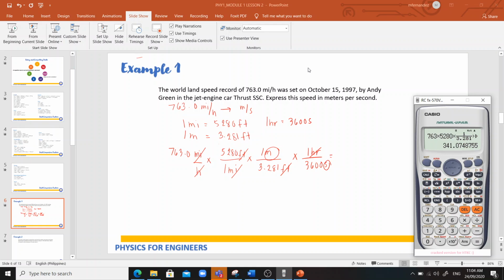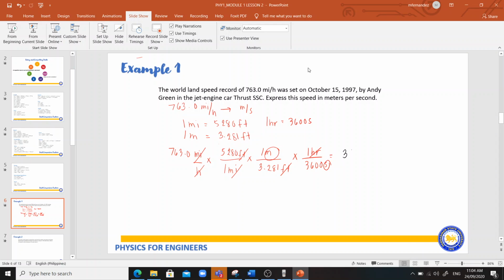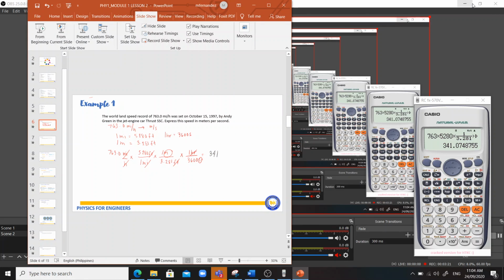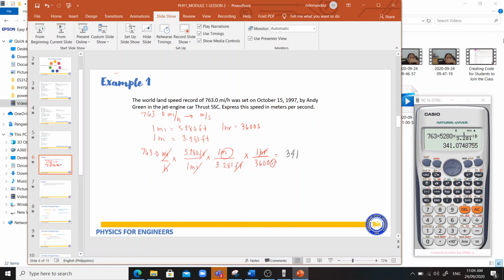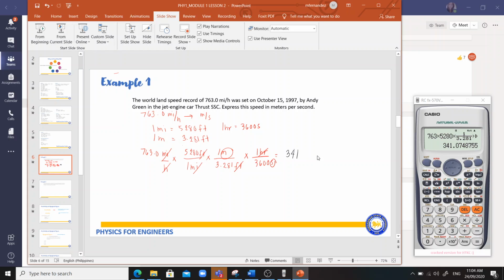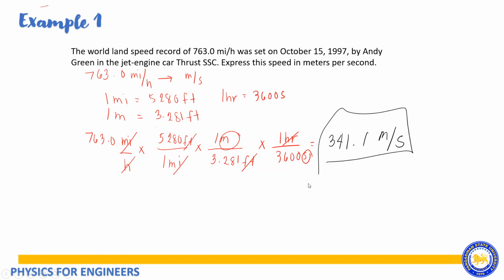Okay, so our answer is 341.1 meters per second. Okay, so that is our final answer. So let's proceed to the next example.